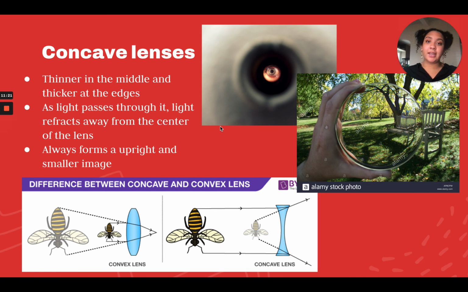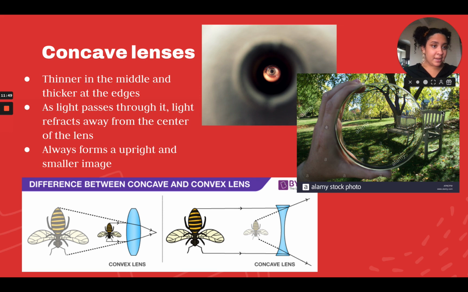Next is concave lenses. Concave means they're thinner in the middle and thicker at the edges. As light passes through a concave lens, it refracts, or bends, away from the center of the lens, which forms an upright, smaller image. In this picture right here, that is a concave lens.